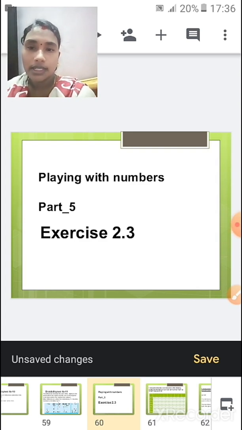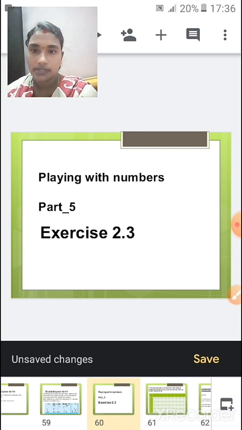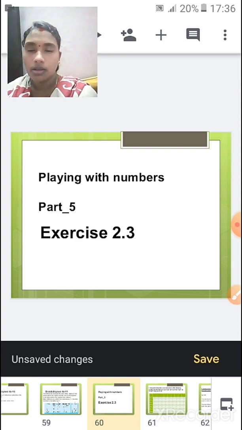Okay? So in the last session we have seen what is test of divisibility. We also learned how to test the divisibility of numbers by a following series of numbers without dividing. Right? So what are the divisibility tests we saw?